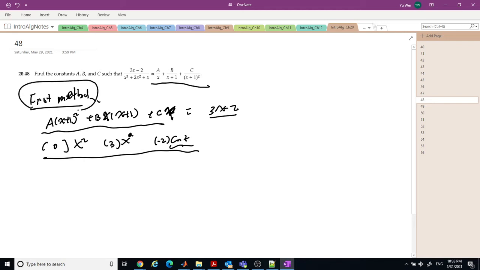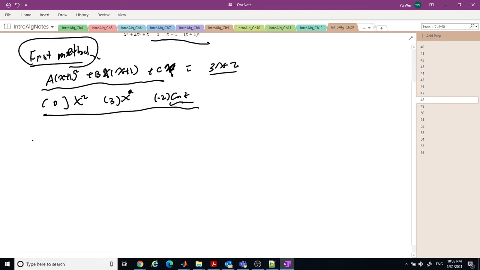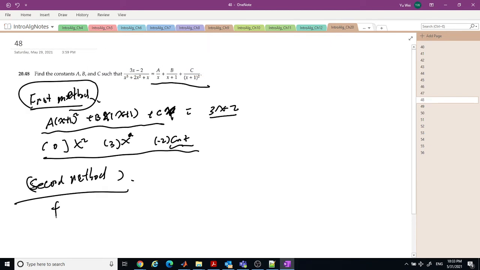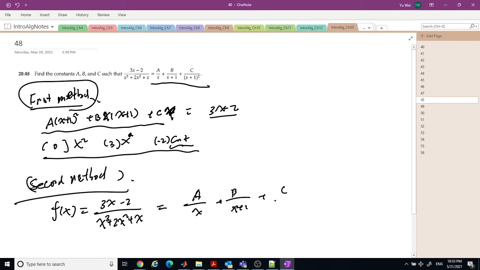I want to talk about a second method. It's a little bit faster. Let's see. This is f(x), right? It equals (3x minus 2) over (x cubed plus 2x squared plus x), and we can see it's a over x plus b over x plus 1 plus c over (x plus 1) squared.